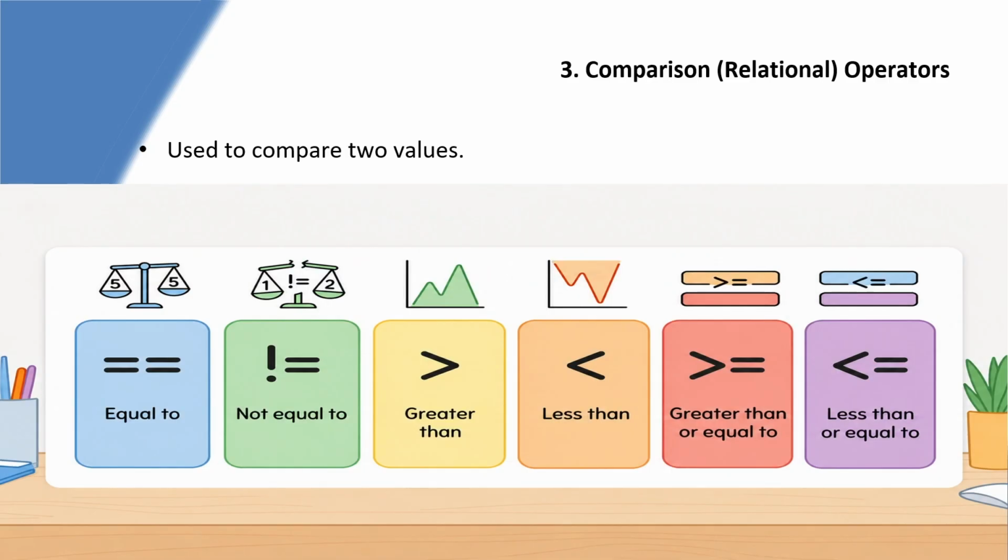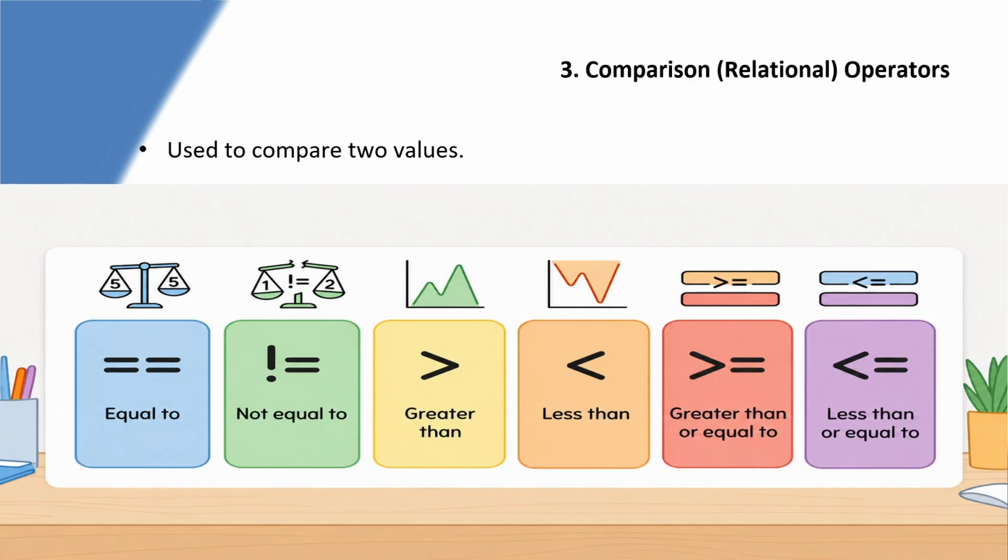Next is relational operators. We call them comparison operators also. Relational operators compare two values and return either true or false.